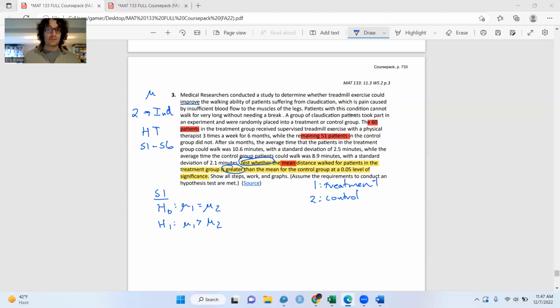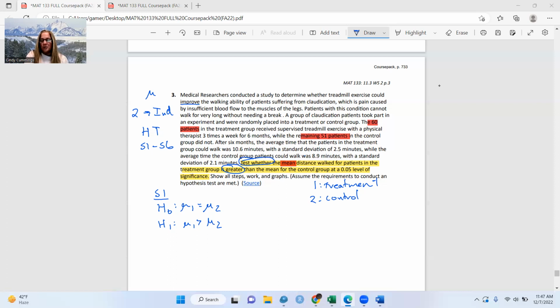When we used the word improve, Peg, it was down near the bottom where it would say something like test whether the mean distance walked for the patients improved. So we use the word improve down here rather than up where they just happen to use the word improve up here. So that's not our main word that we're looking for.